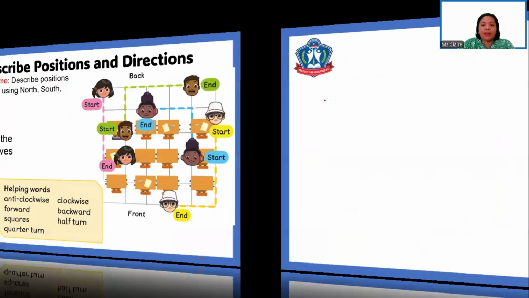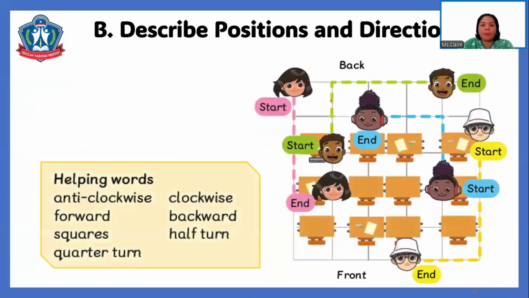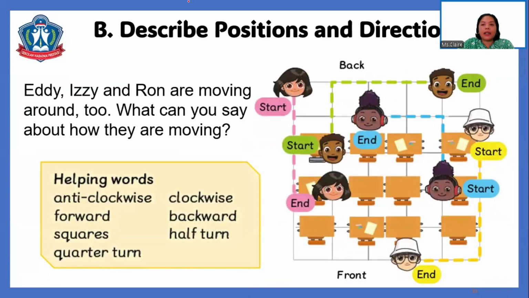I have here another one. Take a look. This is the same. Can you find Eddie? Easy and Ron are moving around too. So this is Easy, children. Here, she moves here, then here. Can you describe her movement? Eddie starts here, moves forward, then she turns anti-clockwise and moves here.